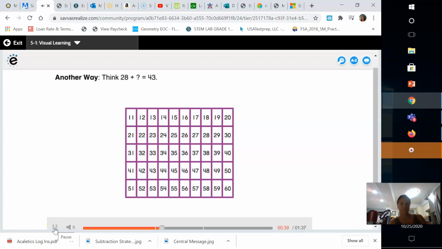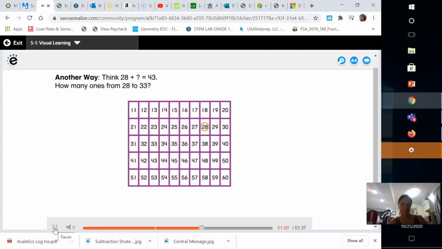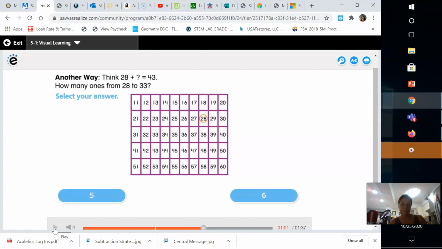Another way. Think 28 plus how many equals 43. Start at 28. 43 has a 3 in the ones place. From 28, the next number with 3 in the ones place is 33. Oh, this is tricky. How many ones from 28 to 33? Select your answer. Well, if they 1, 2, 3, 4, 5.